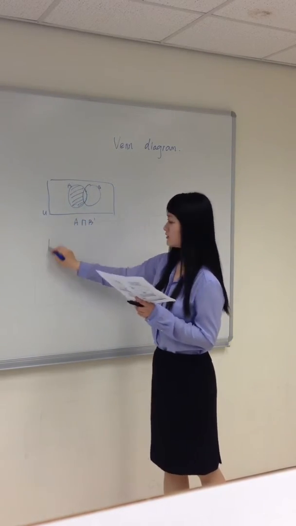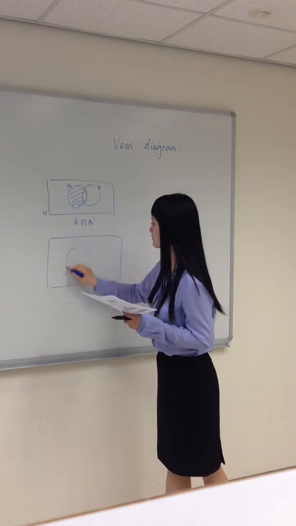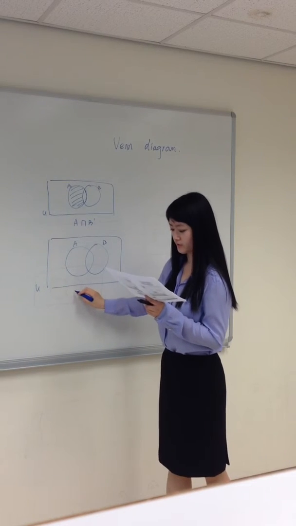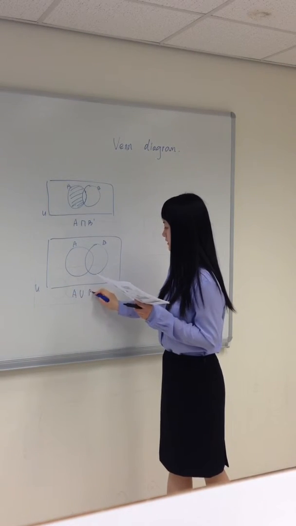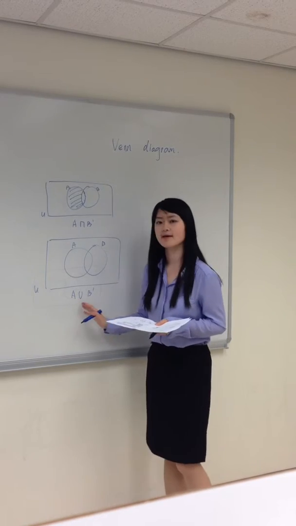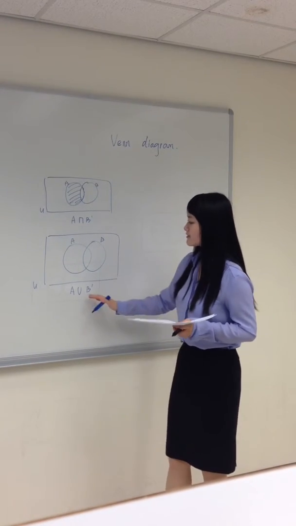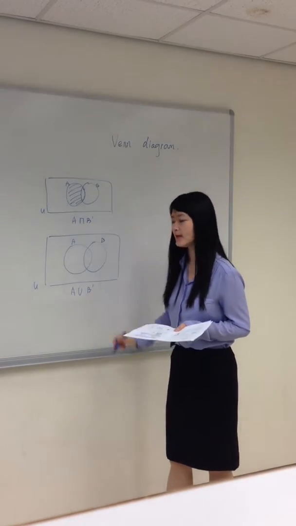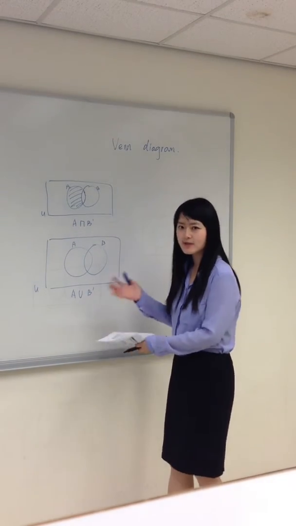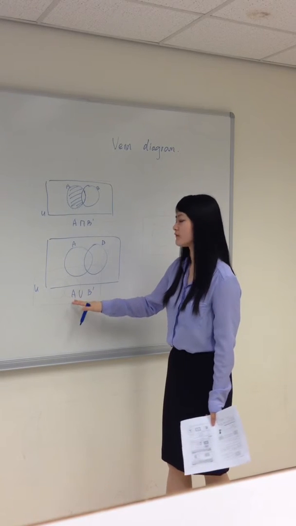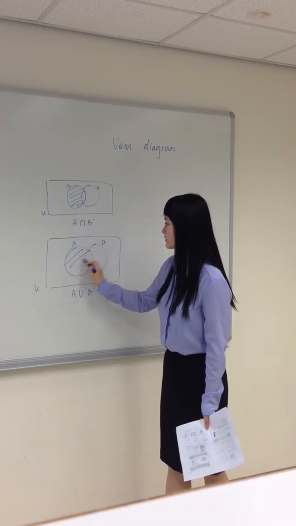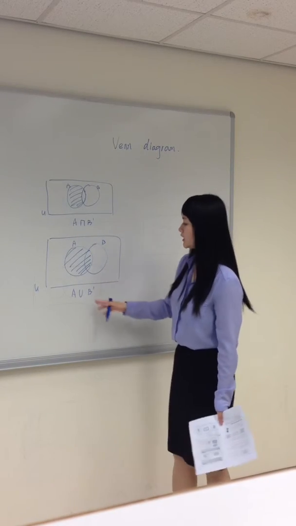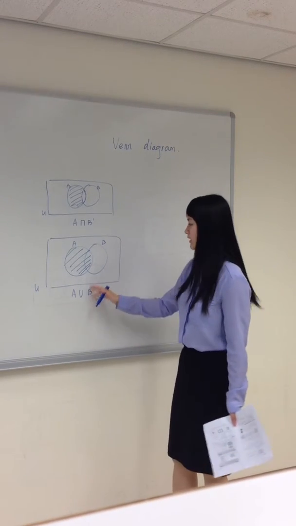Now, second question is to find the union set of set A and complement B. For union, it means goes to A or goes to complement B. So we just add them together. We find the area for A first, it will be this one. And then we just add B complement. We find the B complement area.